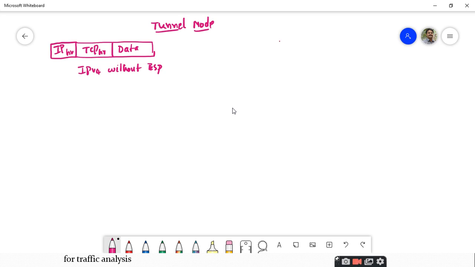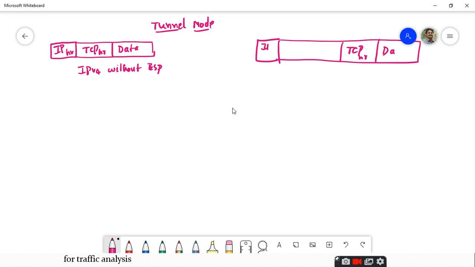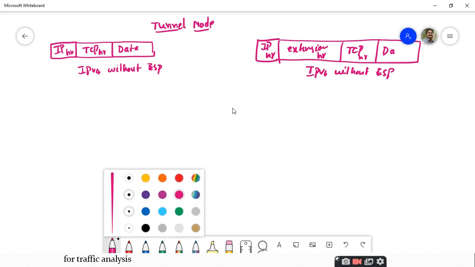And coming to IPv6, let me draw here itself. This is data, and here we have the TCP header, and we have the IP header, and in between the IP header and TCP header I have extension headers. This is IPv6 without ESP. So with ESP, what would you do?